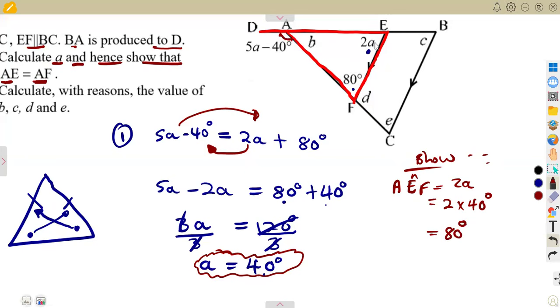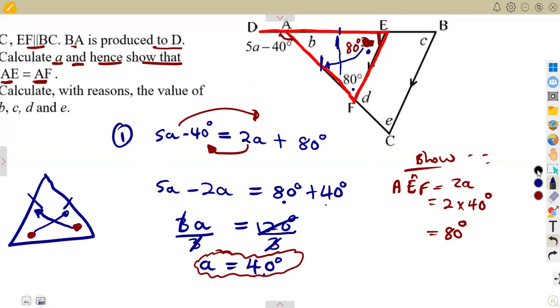Meaning to say if A is 40 degrees, this angle that we are seeing here is 80 degrees. That is what we have. And this is exactly the consideration that we have: if these two angles are equal, the sides which are opposite these angles are equal.